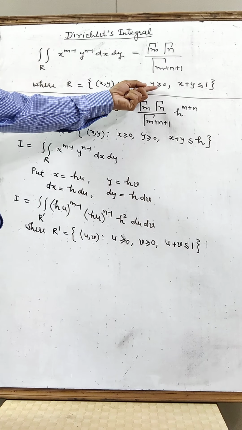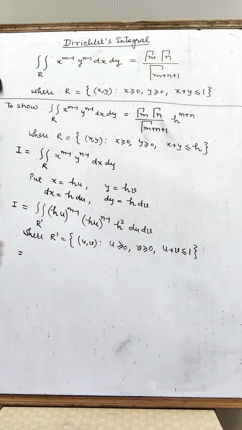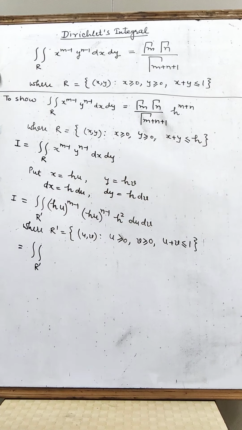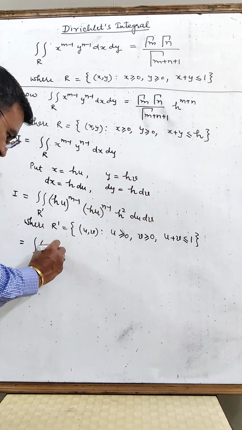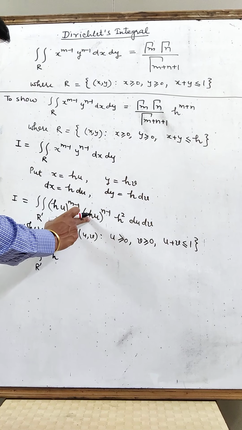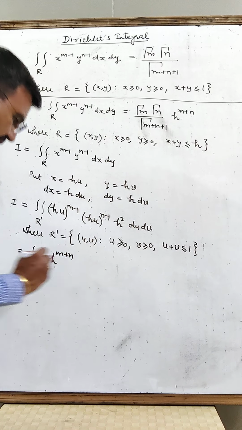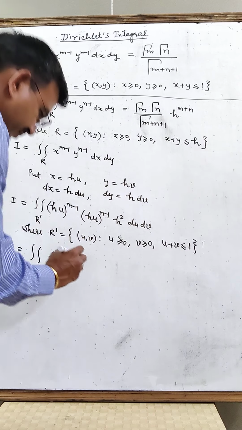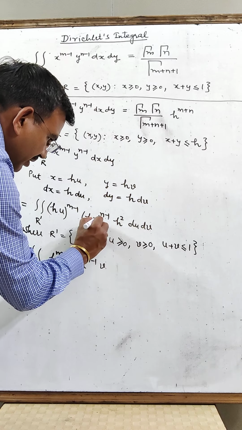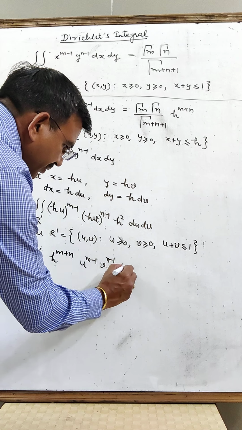So we can apply the result of the Dirichlet integral directly over this integral. So it would be equal to the double integral over the region R dash. Now from here the power of h would be m minus 1, from here the power of h would be n minus 1, and h square. So the total power would be h raised to the power m plus n, u raised to the power m minus 1, v raised to the power n minus 1 du dv.